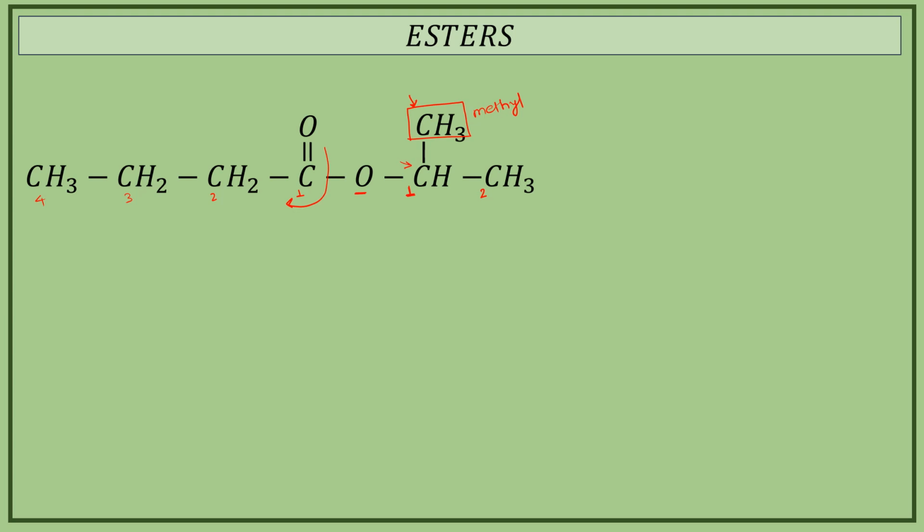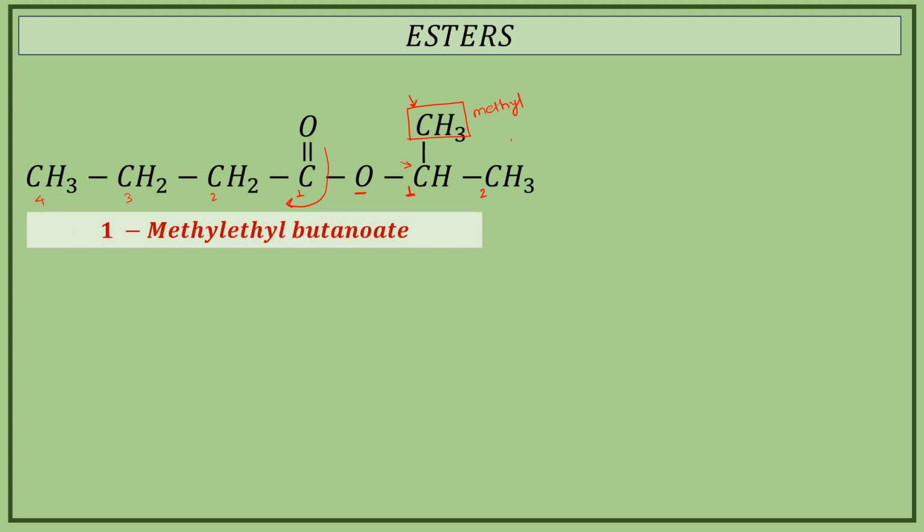So the alkyl group right here will be named as 1-methylethyl, and there are 4 carbon atoms on the left side of the ester molecule. It will be named as butane. For ester we will add oate, butanoate. So the entire name will be 1-methylethyl butanoate.